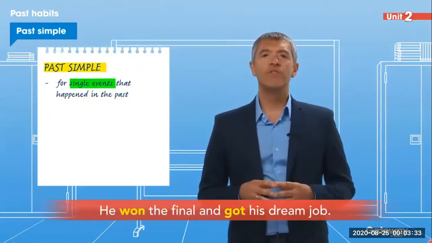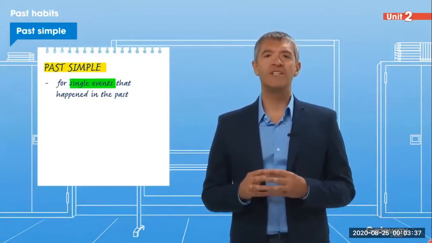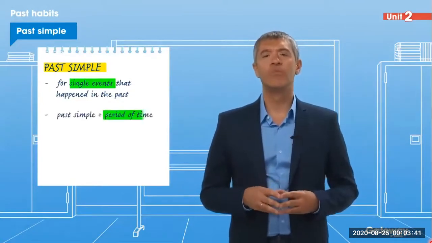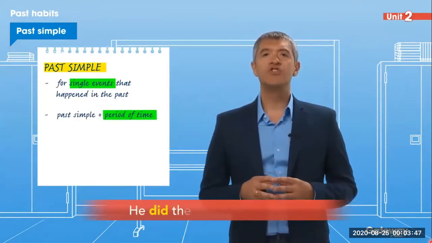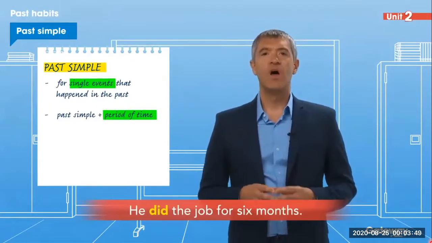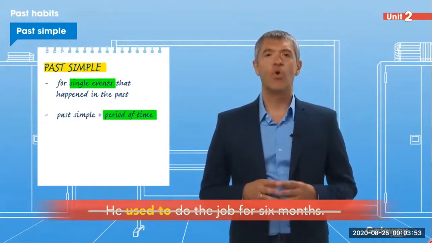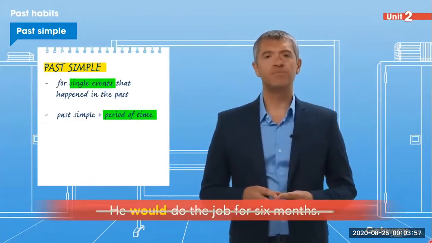Notice also that when we talk about the past and give a period of time when an activity happened and finished, we use the past simple, not used to or would. So we say, he did the job for 6 months, not he used to do the job for 6 months, or he would do the job for 6 months.